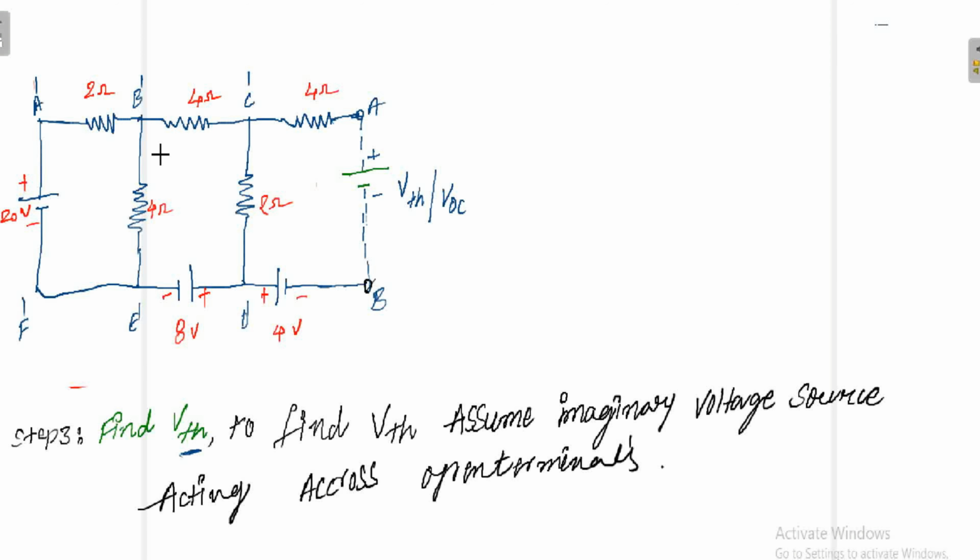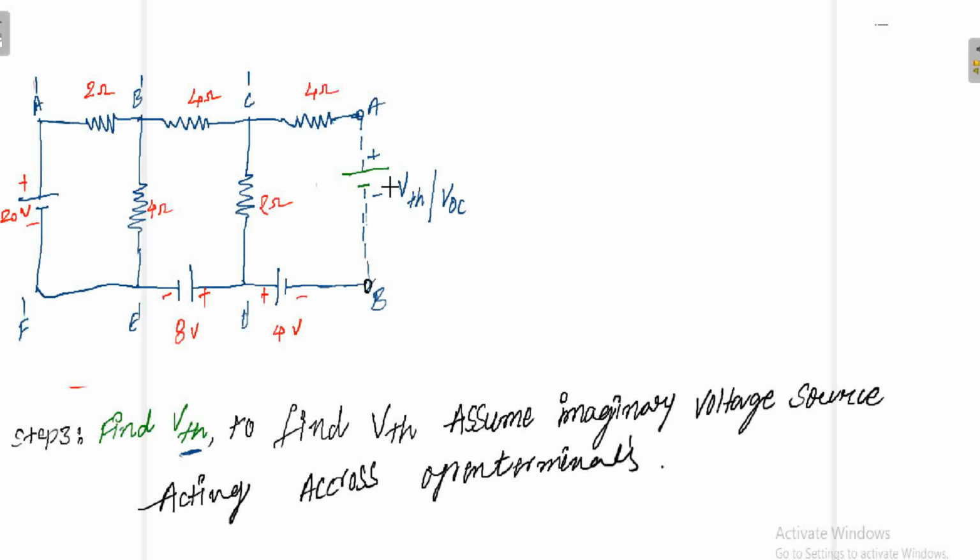This is the first loop, second loop, third loop, and fourth, fifth, and this is the sixth loop. Totally we have 6 loops, but we need a loop which includes VTH.